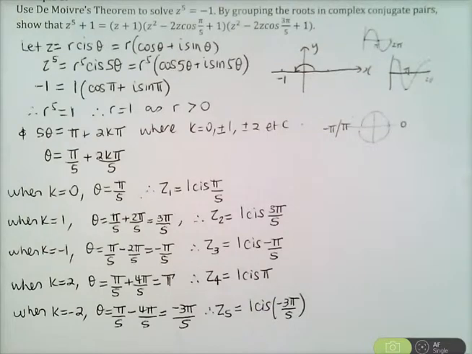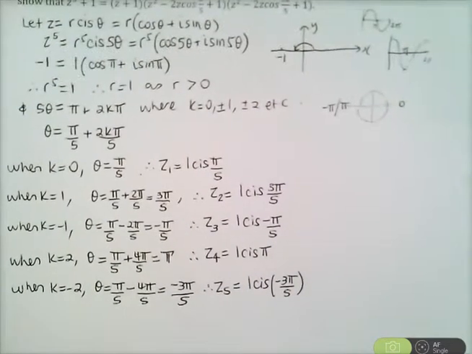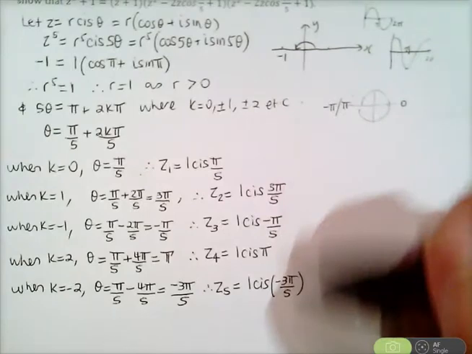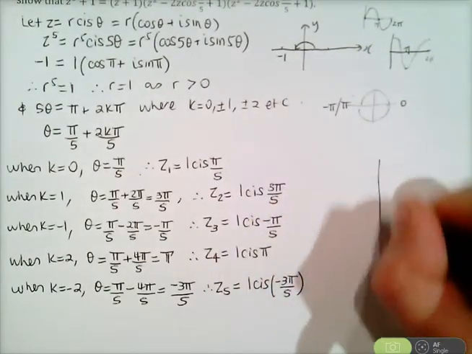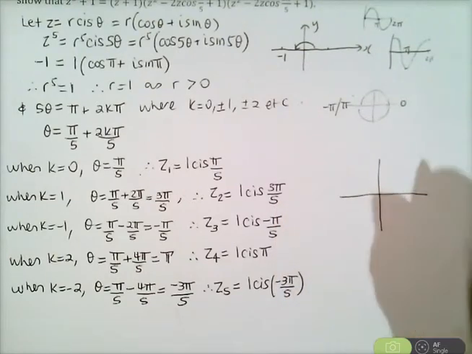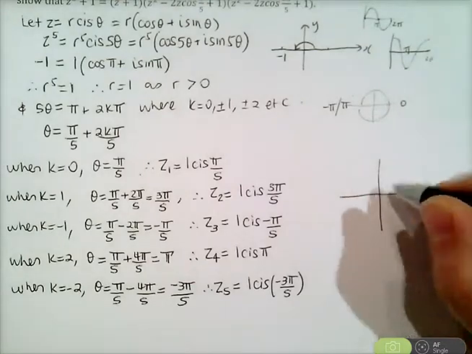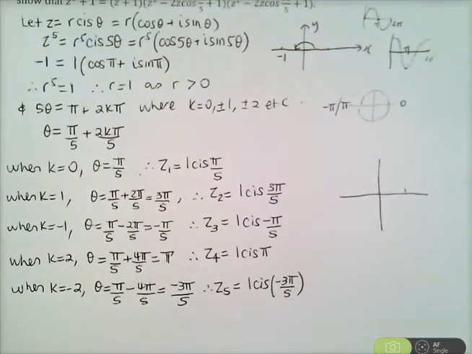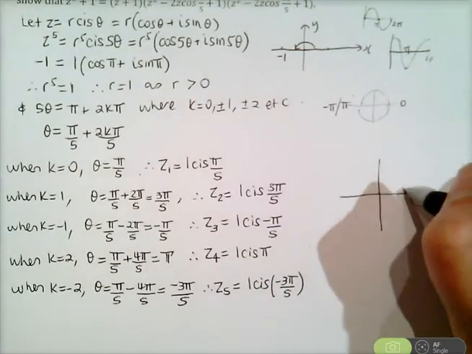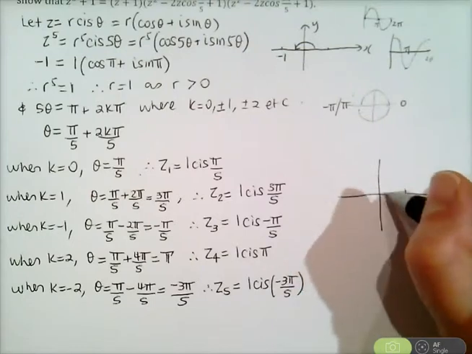Now, if you looked at further substitutions, remember we've got 5 roots and they're all different. Remember, our roots should be equally spaced around the circle. We've got 5 roots. The first one is at pi on 5, so about a fifth of the way.